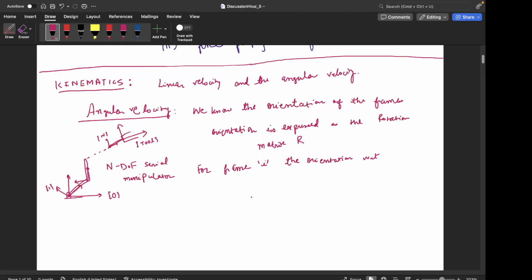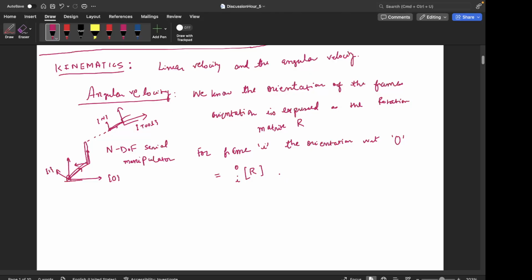For frame i, the orientation with respect to the base frame or the world frame, that is 0, we express as R 0 i. The elements would be a function of all the joint angles up to that frame.